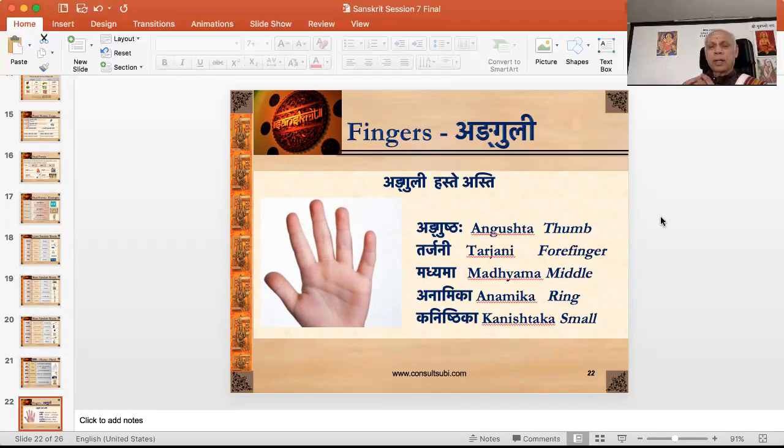Now this one, they didn't know what to name it. In English, we always call it a ring finger, but in Sanskrit, they didn't know what to name it, so they call it Anamika, one without a name. Nam, Nami. Nam is name. I think you see a similarity between name and Nama, between English and Sanskrit.